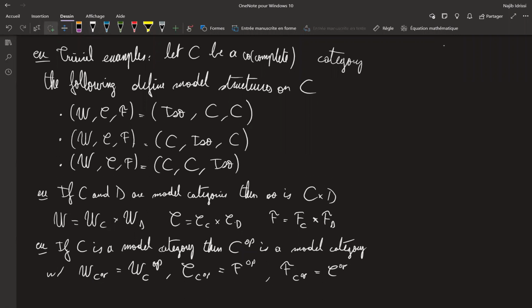For example, here, for any category, you already have 3 examples. Okay? And you can even have examples where the weak equivalences, so the most important things, are the same, and where the auxiliary data, the fibrations and cofibrations, are different. Okay, so this is something to think about.